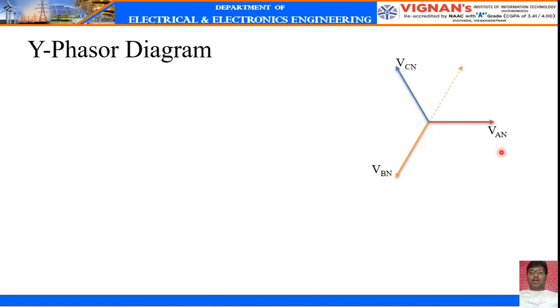Now, in order to obtain the line voltage VAB, what is the formula? VA minus VB. So this phasor, if rotated by 180 degrees, will become minus VBN.